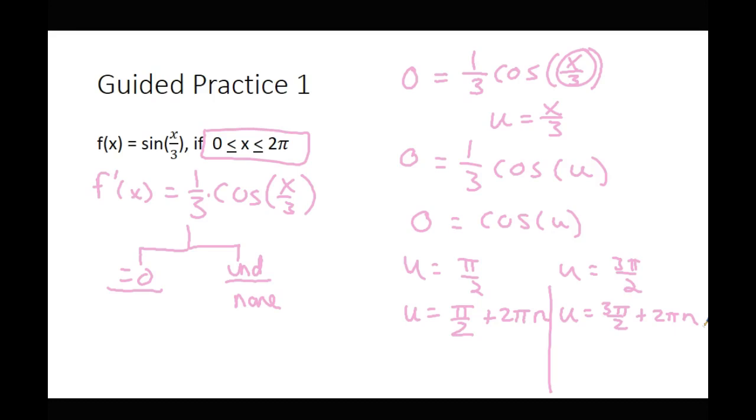All right. Now, what did I say that u was? X over 3. So now we're going to replace u with this again. And now we can solve for x.